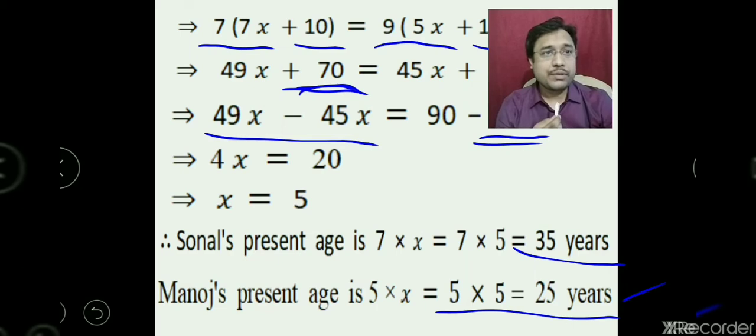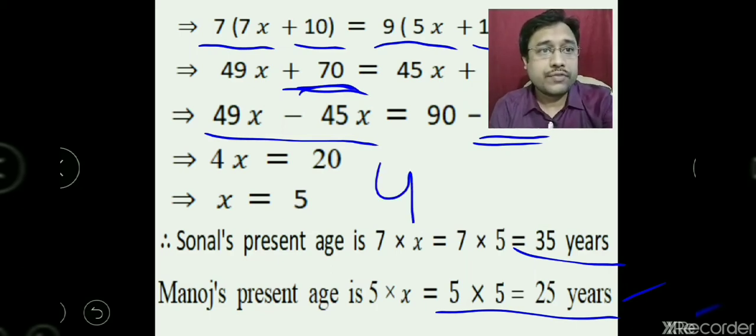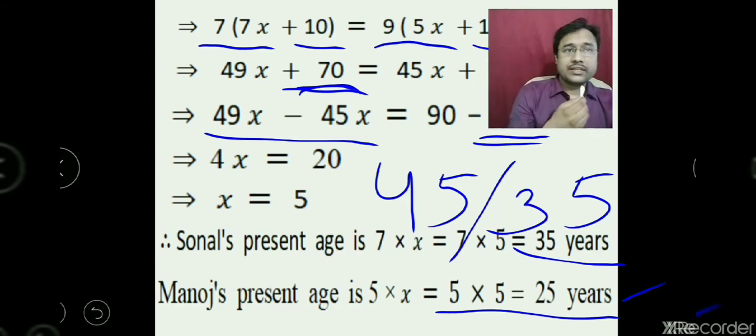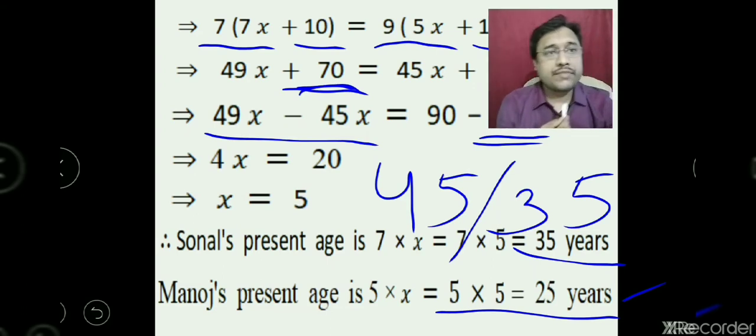So 9:7 only you will get, because when you cancel 45 by 35, you will get 9/7 only. So the ratio after 10 years is really 9:7. That means the solution is correct, 35 and 25 years.